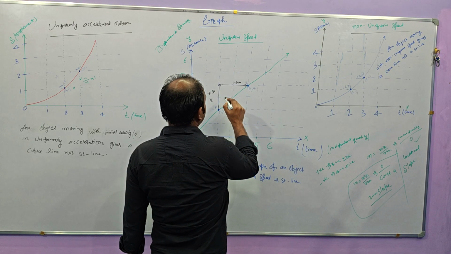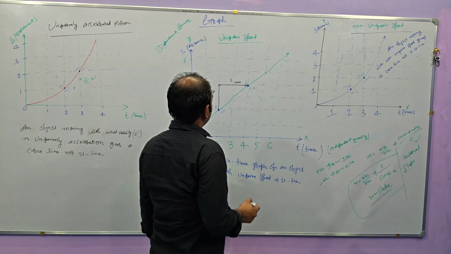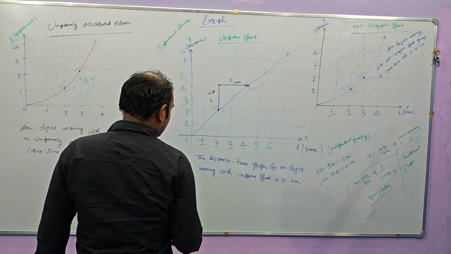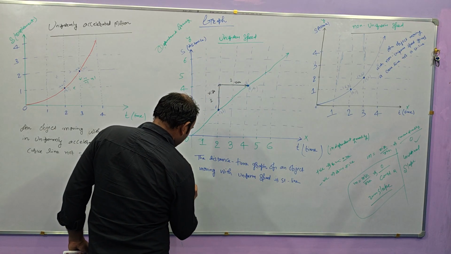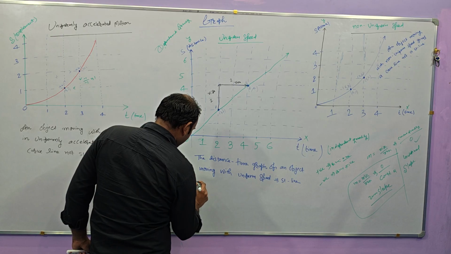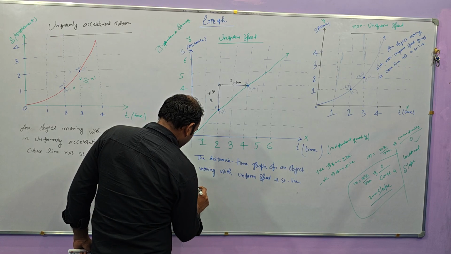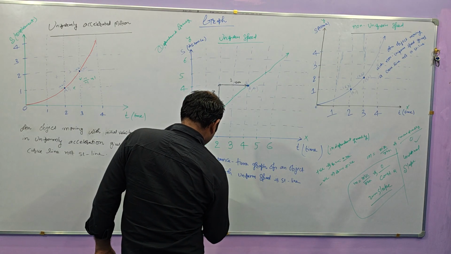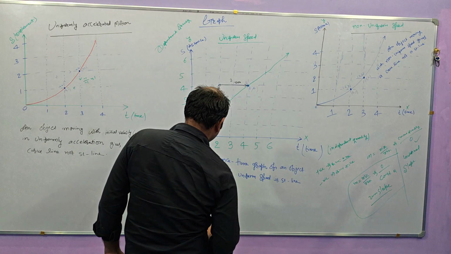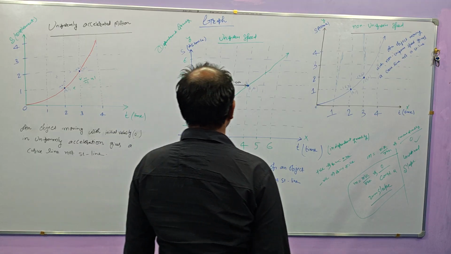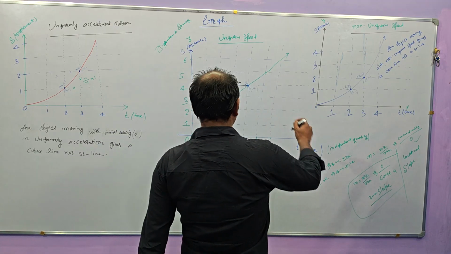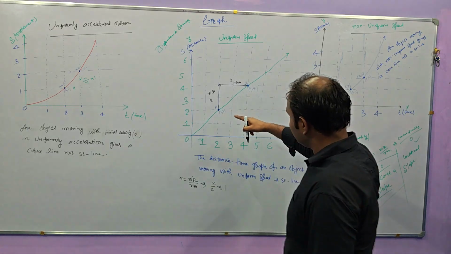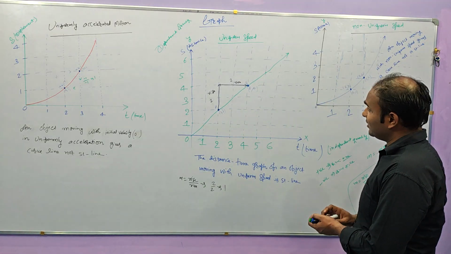So m is equal to rise upon run, that becomes 2 upon 2, that becomes 1.